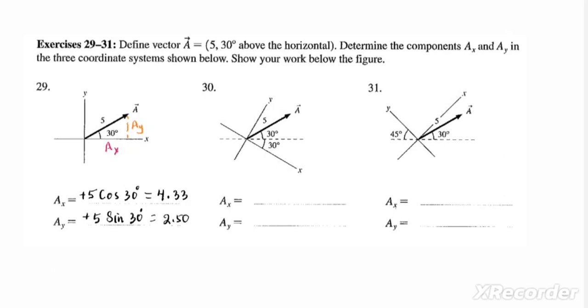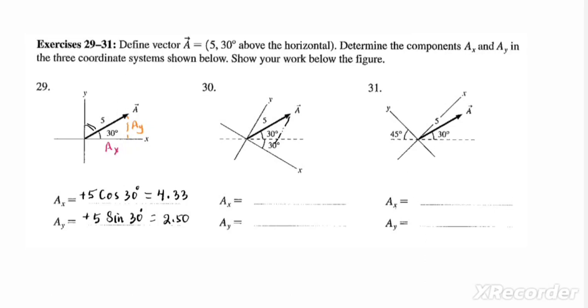As I said, don't think that the x component is always cosine and the y component is always sine, and that is not the case, because if you take this angle, for example, which is 60, then it is different.